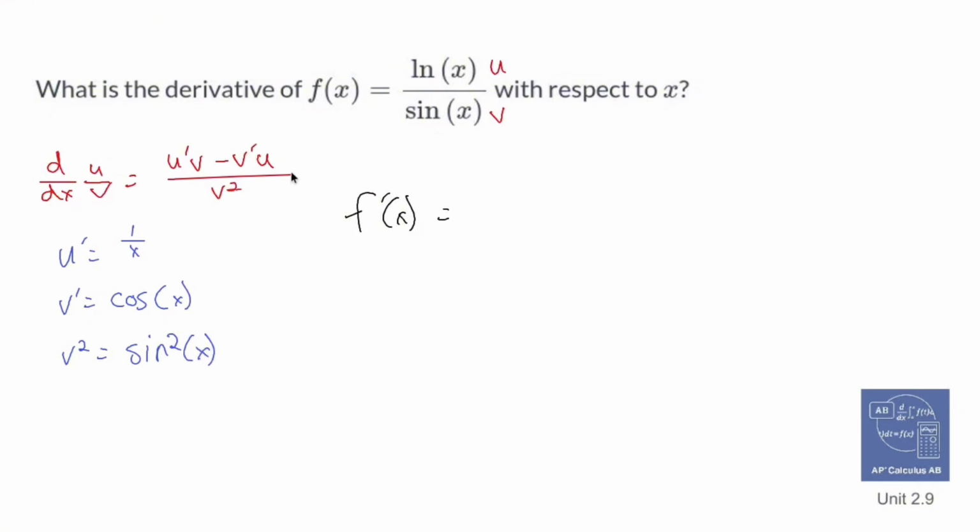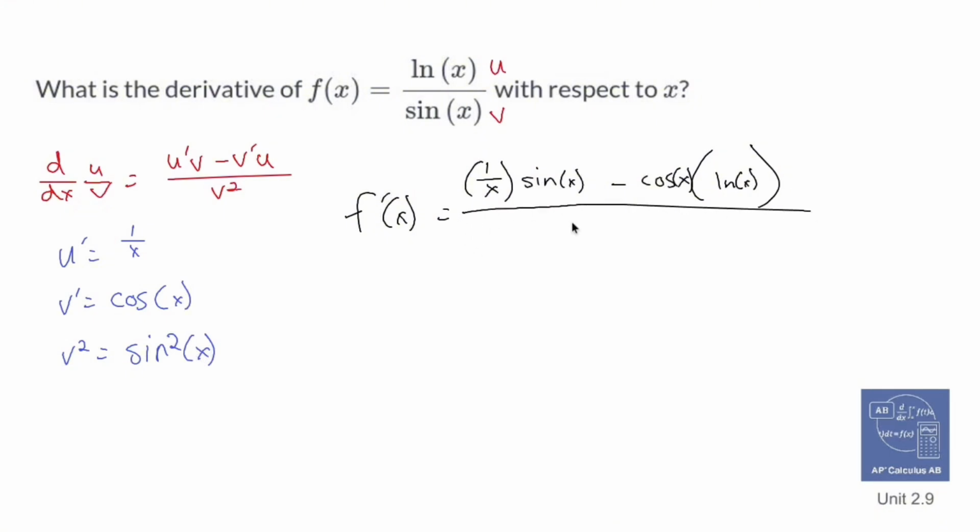It is going to equal u prime v, so 1 over x times v, which is sine x, minus v prime, which is cos x, times regular u, which is ln of x, all over v squared, which is sine squared x.